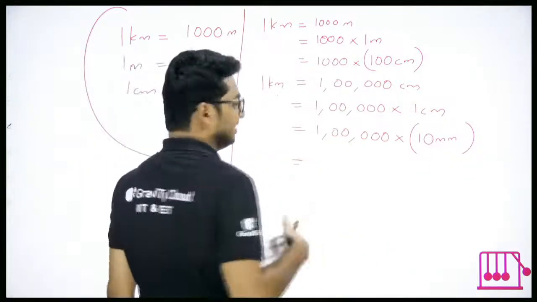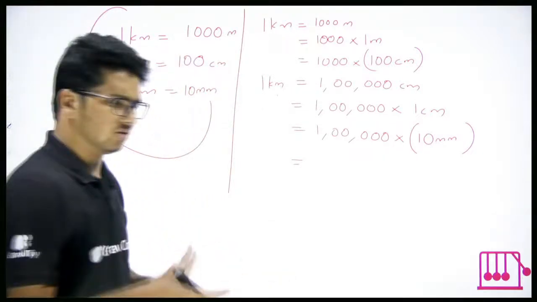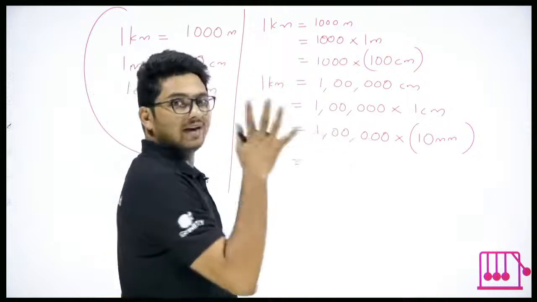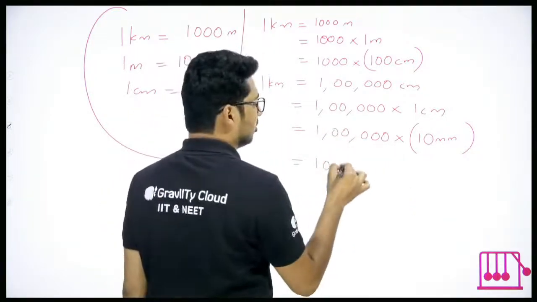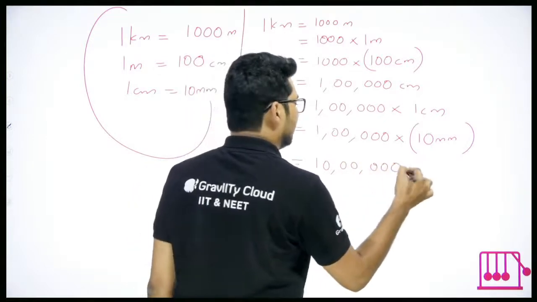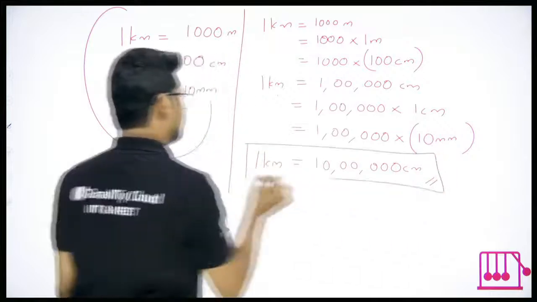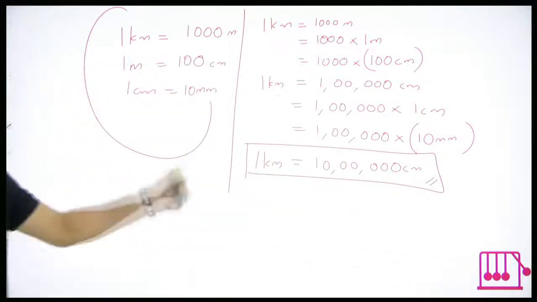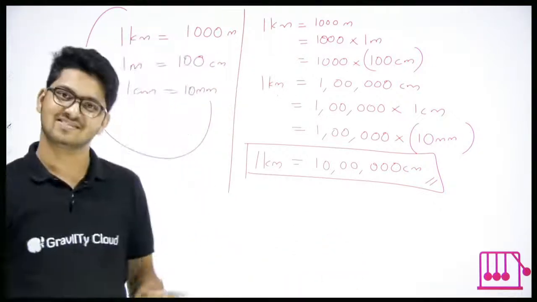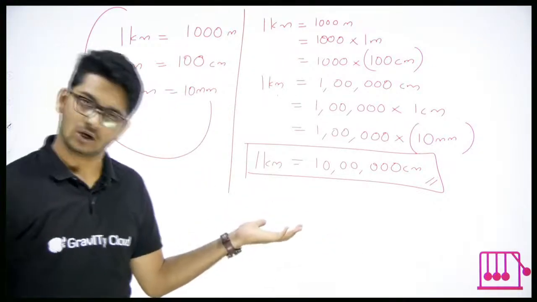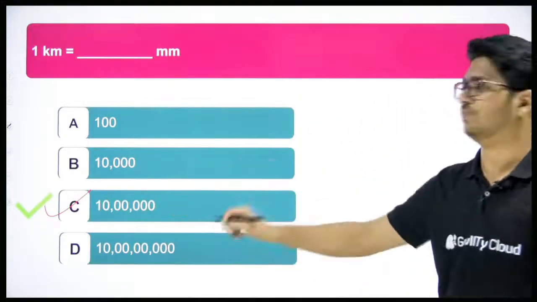When you multiply the multiples of 10, you can only focus on the zeros. Here in 1 lakh, you have 5 zeros, and in 10, you have 1 zero. So 5 plus 1, 6. A total of 6 zeros. That would be 10 lakh millimeter. 1 kilometer is 10 lakh millimeter. Simple enough? Okay, so that is the reason why the answer is option C.